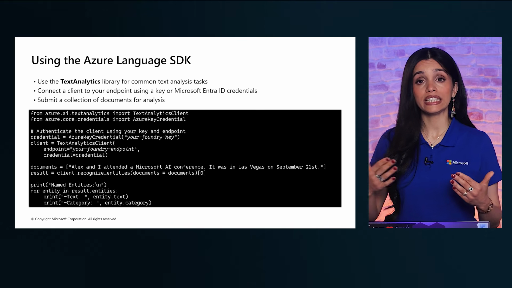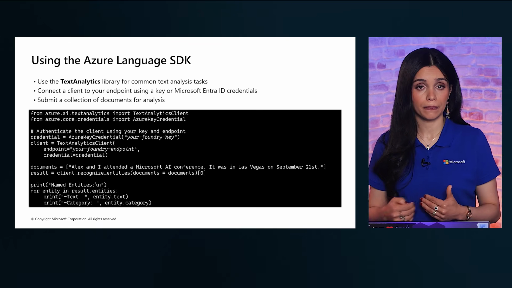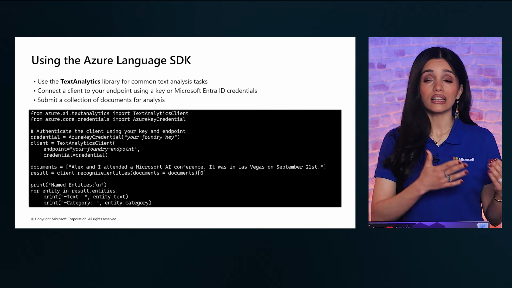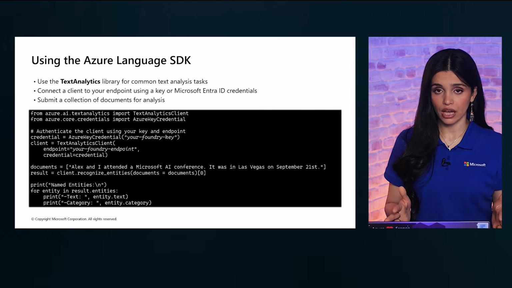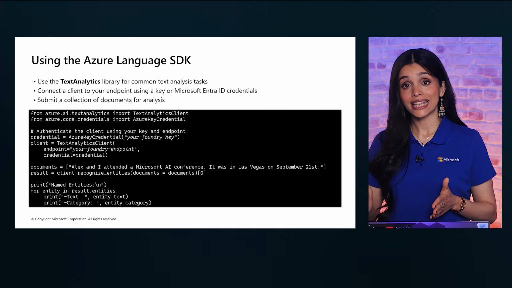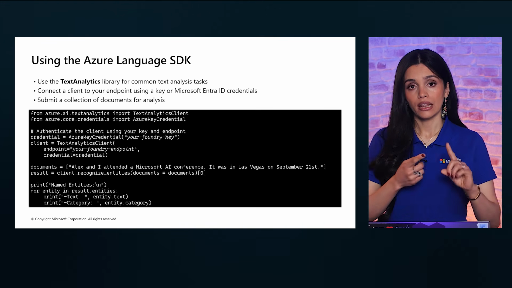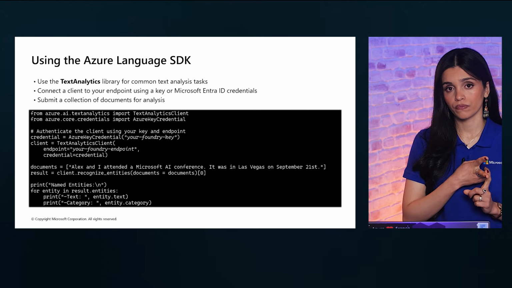Next, the code creates a credential object using your Foundry project key. This is how the application proves it's allowed to call the service. Immediately after that, we create a text analytics client. This client is initialized with two things: the language service endpoint and the credentials.